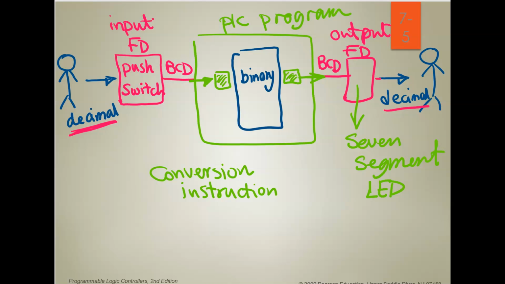The conversion instruction that can convert binary coded decimal into binary is FRD.